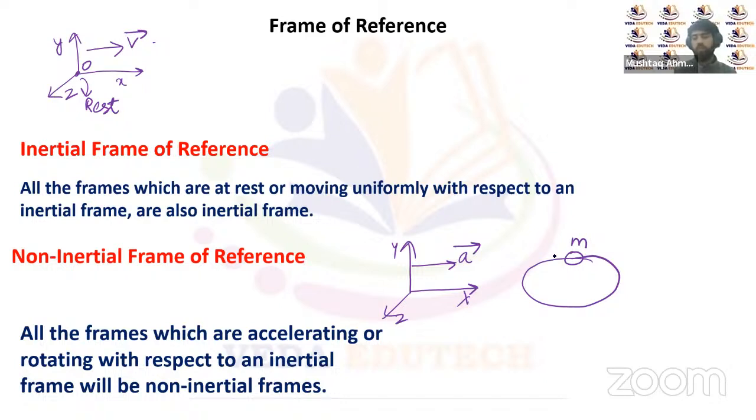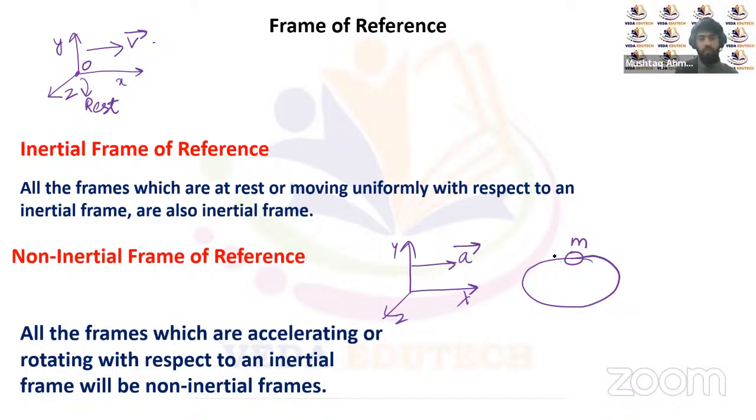It's an accelerating frame of reference. So if any measurement is done with respect to the rotating frame, rotating frames are also accelerating frames, also non-inertial frames. So these are the two types of references we study.